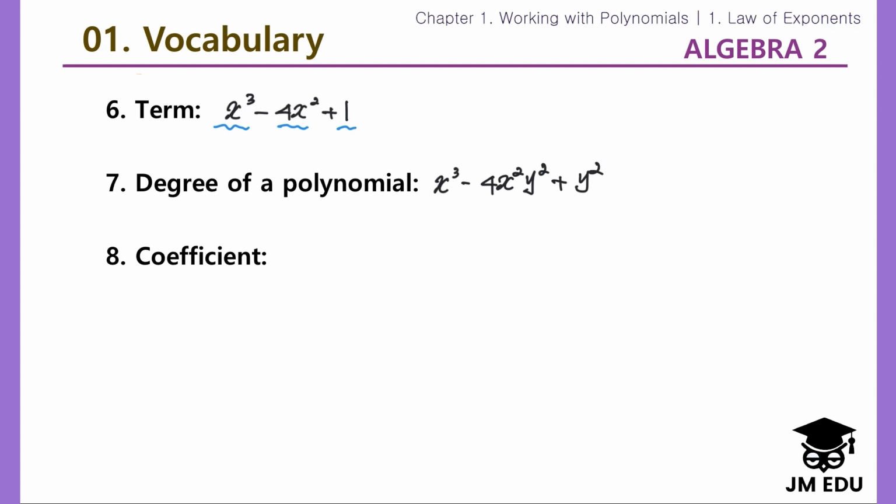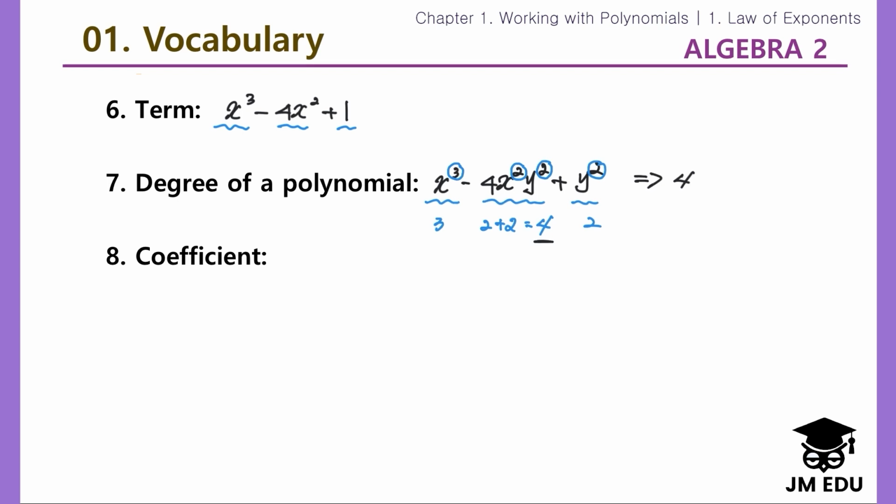This first term, degree is 3, right? For this term, we have degree 2 here, degree 2 here, so the degree of this monomial is 2 plus 2, 4, right? The degree of this term is 2, right? Does that make sense? So the degree of this polynomial is the highest degree of its terms. The degree of this polynomial is equal to 4 because the highest number is 4 here, right?